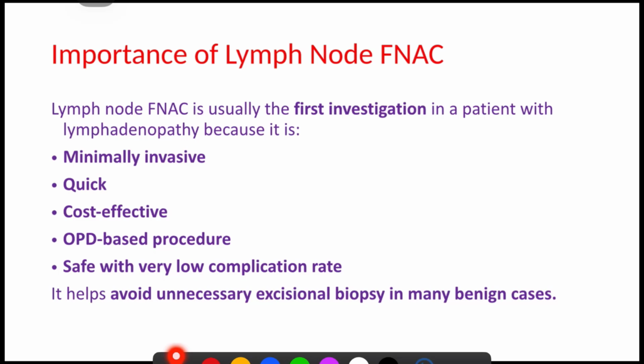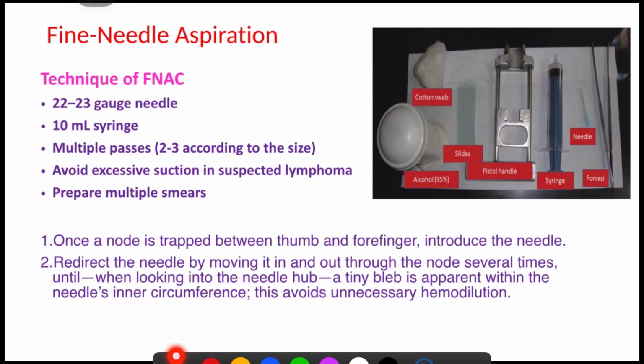It is the first investigation in a patient with lymphadenopathy because it is minimally invasive, quick, cost effective, an OPD based procedure and safe with a very low complication rate, and it helps avoid unnecessary excisional biopsy in many benign cases. What exactly we need is a needle and syringe.